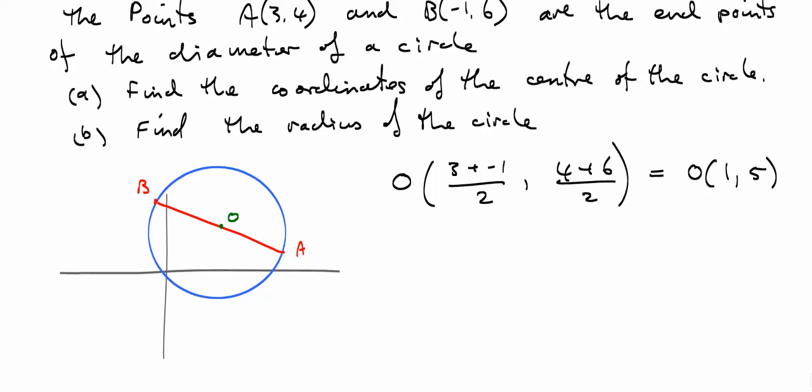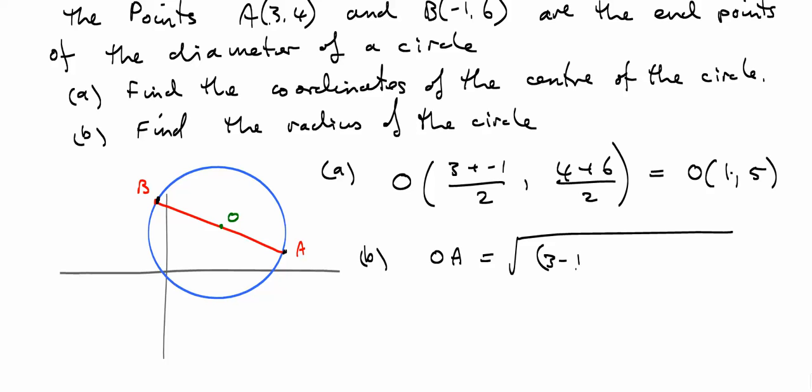Now part B, the radius. The radius is the distance between O and A, from the centre to the circumference, or between O and B. It doesn't matter which we choose. So OA is the square root of (x1 minus x2) squared, whichever one you wish, (3 minus 1) squared.